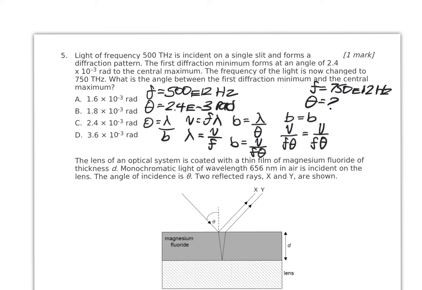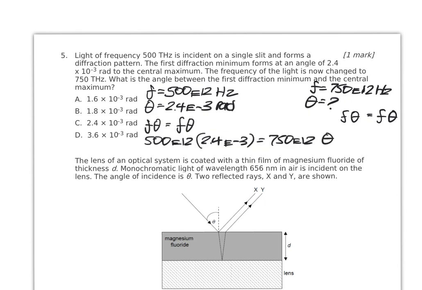And so we wind up with speed over frequency times theta before equals speed over frequency times theta after. We don't actually need the speed, and we can get rid of the 1 over. So frequency times the angular displacement before equals frequency times the angular displacement after. All right, I'm going to erase some of this stuff so I have room to work.